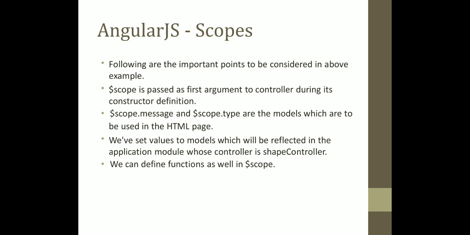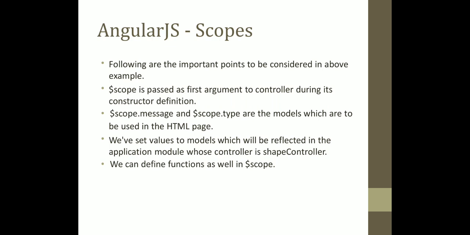And why is AngularJS scope used? The basic point is to define member variables. The AngularJS scope is used within a controller. It can contain variables that are application data and methods.